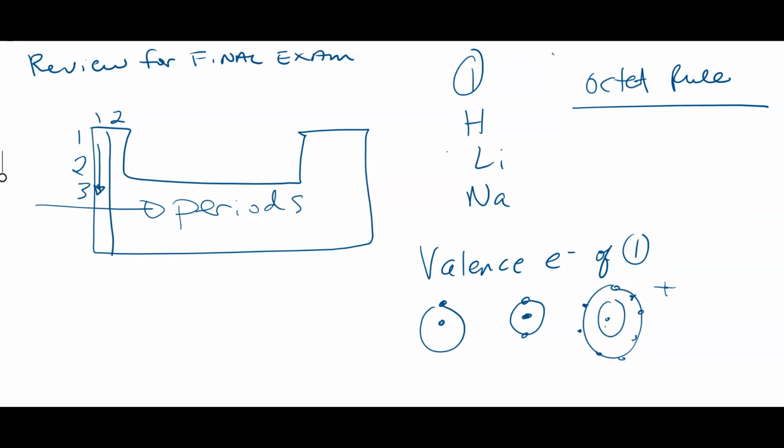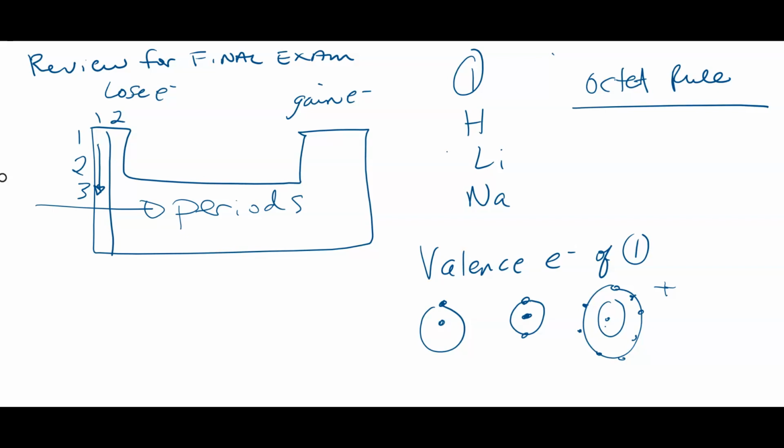The elements on the left side of the periodic table are going to lose. Left are losers. They're going to lose electrons. The right side are going to gain electrons. They want to add electrons so they can get all the way up to 8 electrons in their outer shell. So the whole name of the game in chemistry is to get to that octet.